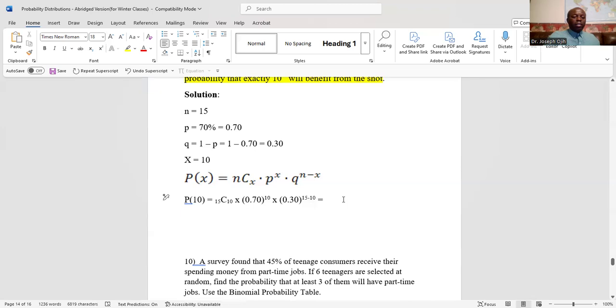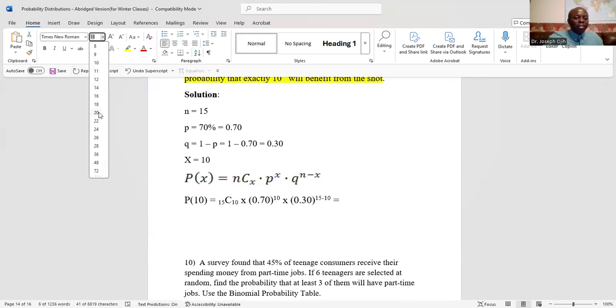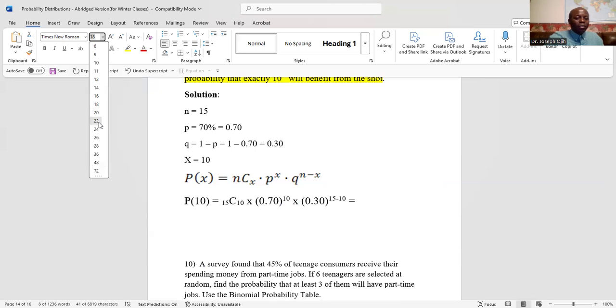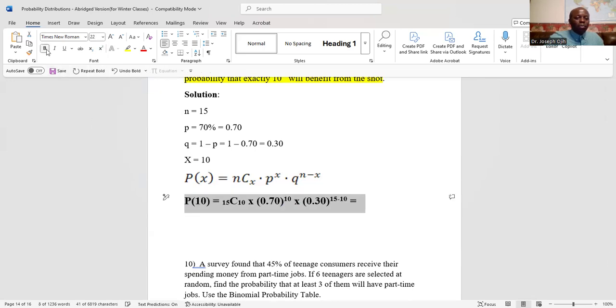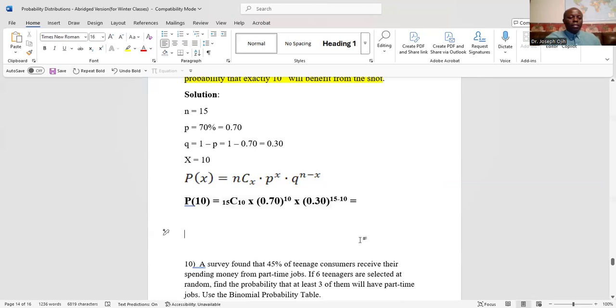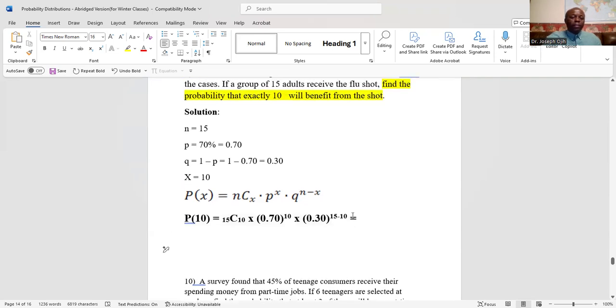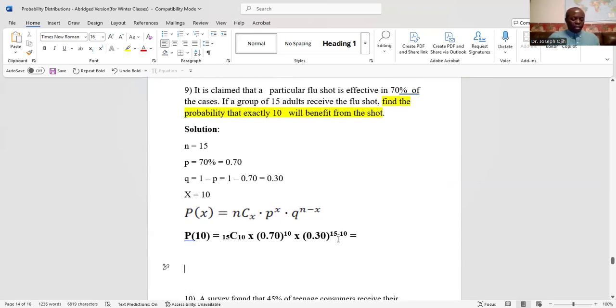That's all it takes. You can see it. If you don't see it very clearly, let me make it bolder. Make it 20, or 22. So once you put this in the calculator, you get the answer right away. You get the probability that exactly 10 will benefit from the flu shot. Let me write this down so we can get it from the calculator.